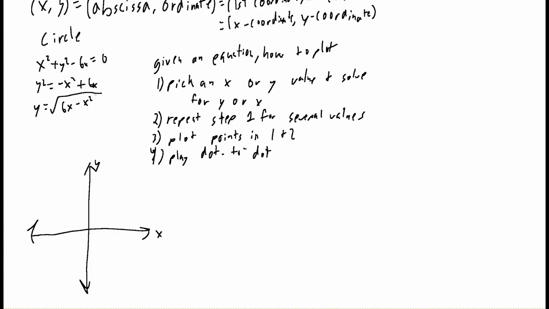Hold on. It would be handy to know where the 0 is, so that we're not off in La La Land trying to plot things. So we basically have something that looks like a parabola on the right side, but the left side says it isn't.